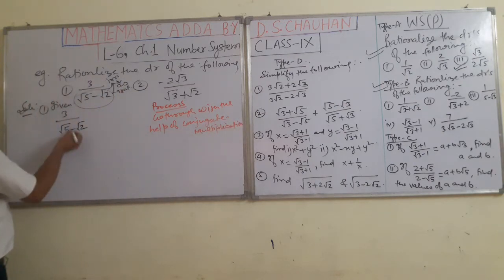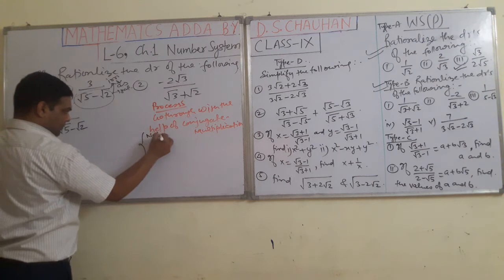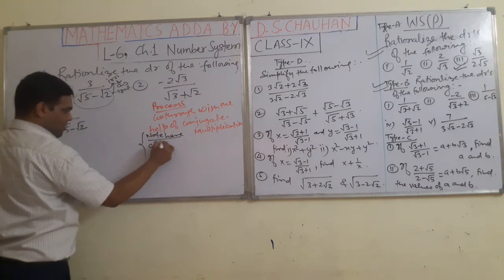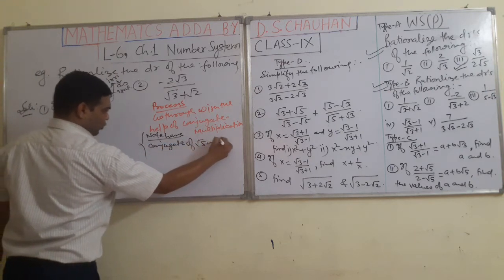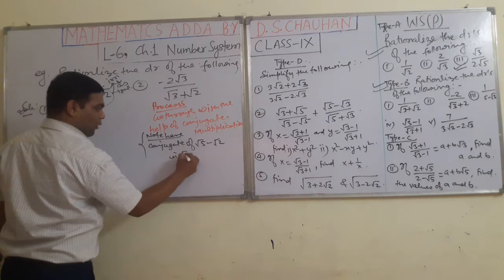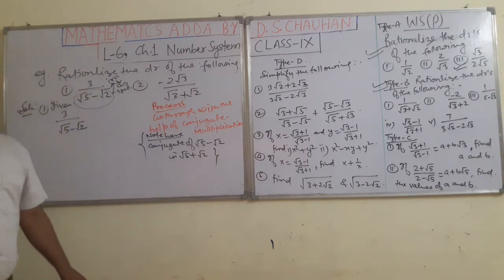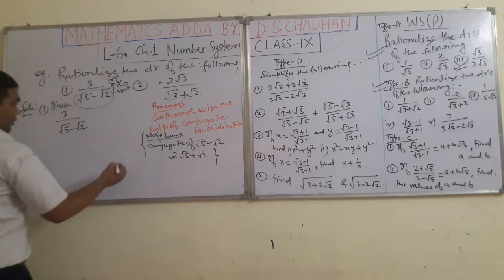Now, see here, it is 3 upon under root 5 minus under root 2. Note here, the conjugate of under root 5 minus under root 2 is what? Under root 5 plus under root 2. So we will multiply numerator and denominator by the conjugate of under root 5 minus under root 2.